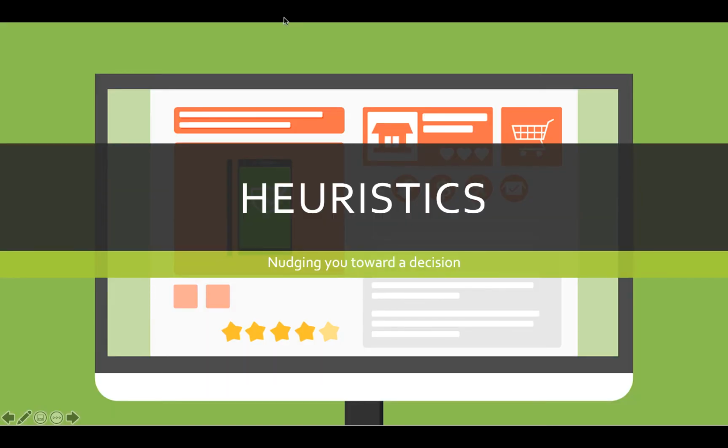So let's transition now into the concept of heuristics. Heuristics is a concept that comes from behavioral economics, and what we try to do is create mental shortcuts to help you make a decision so that the experience you have is very flowing and natural, and you don't have to think about it.